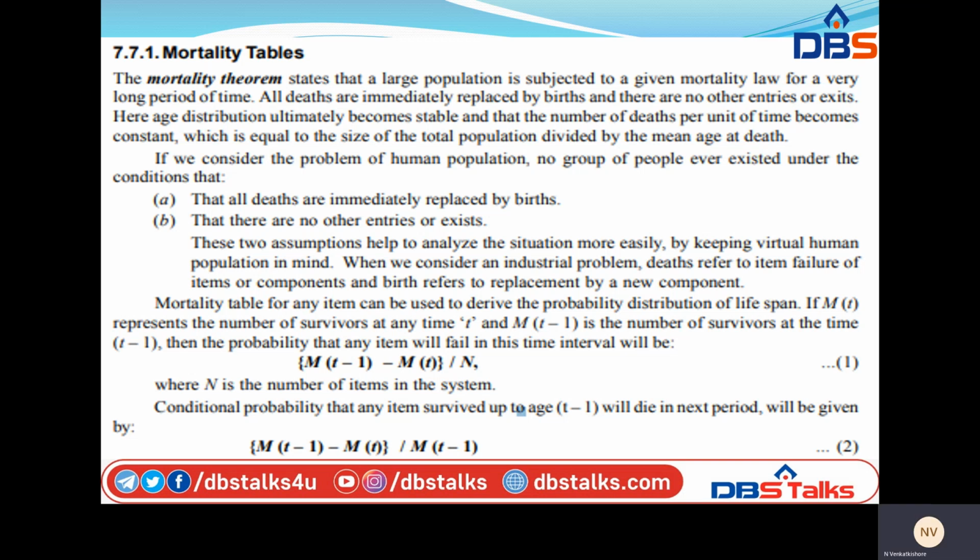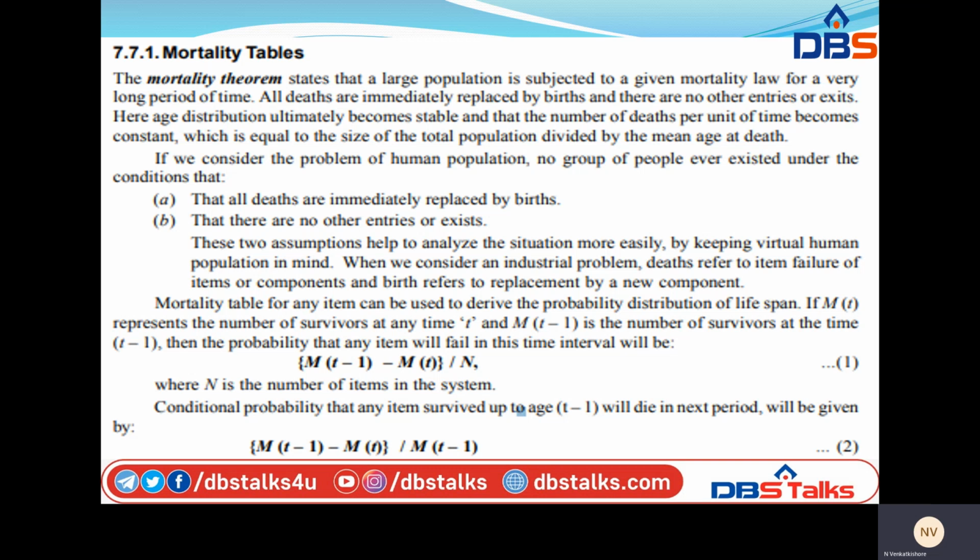The mortality theorem states that a large population is subjected to a given mortality law for a long period of time. All the deaths are immediately replaced by births, and there are no other entries or exits. Here, the age distribution ultimately becomes stable, and the number of deaths per unit of time becomes constant.